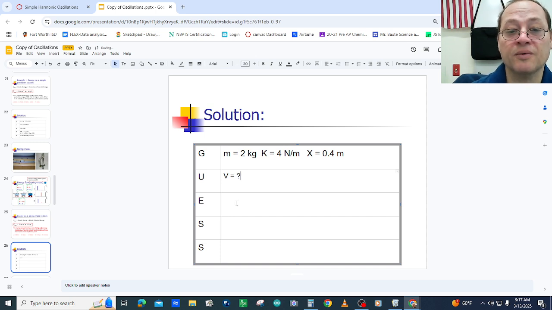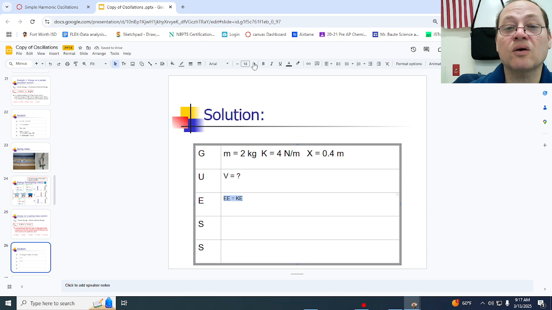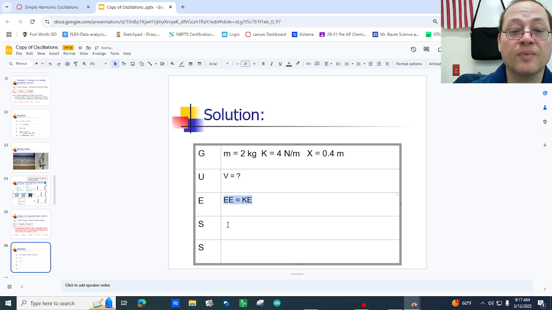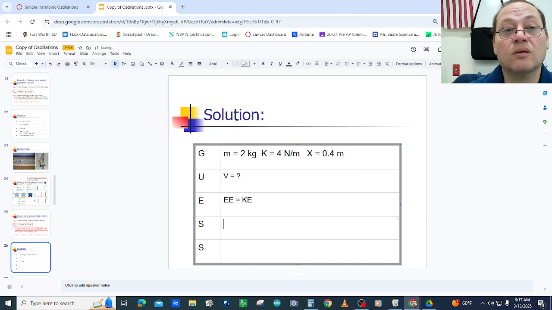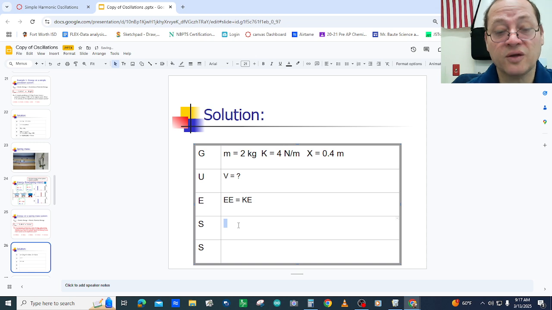At equilibrium, okay. So we can say that the elastic energy on the spring will turn into kinetic energy at the equilibrium point. And so that is the equation. We don't have the elastic energy, so we're going to have to write down the equations.